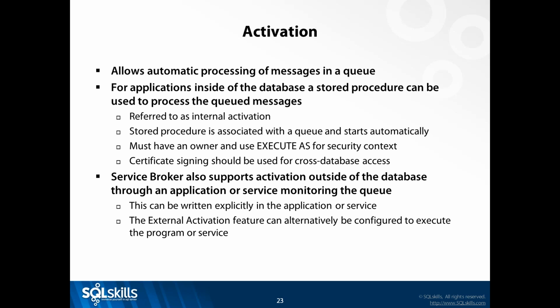And you can write the activation code right into your own .NET code, or you can leverage the external activation feature, which is installed as a service on the SQL Server or another server. And it basically connects to SQL Server, it monitors the queue for a queue activation event notification, and then it will execute a standard executable or application that you can do queue processing for as well.